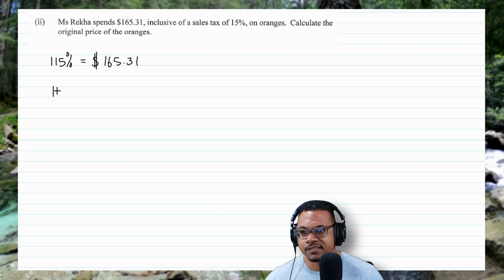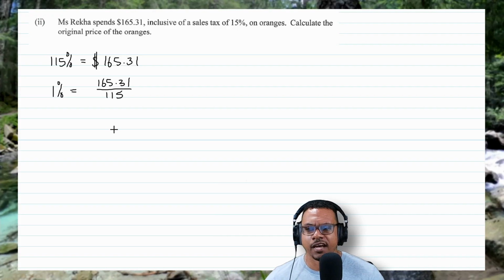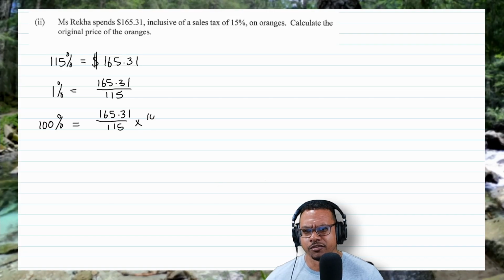So 1% would be equal to $165.31 divided by 115. And now the original price, which would be 100%, would be to multiply this by 100. So we have 165.31 over 115 multiplied by 100 over 1, which is just 100.